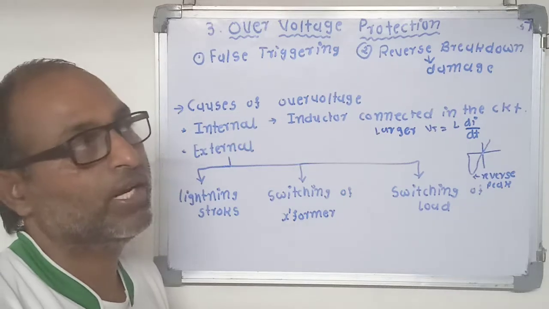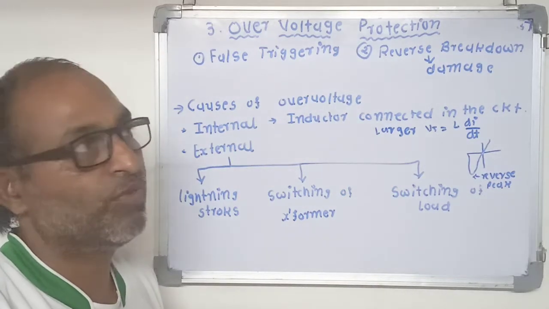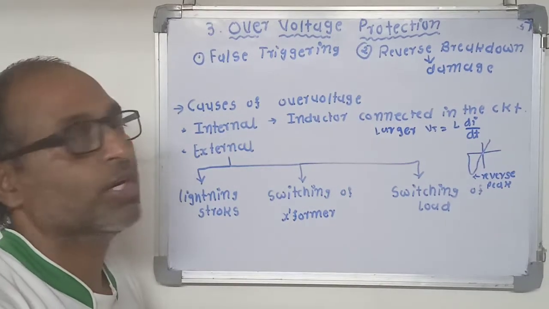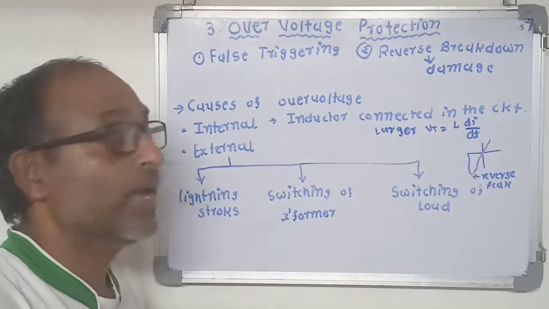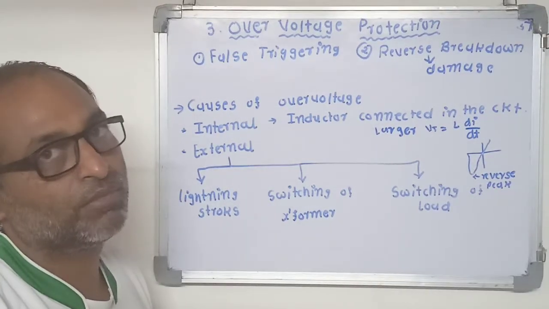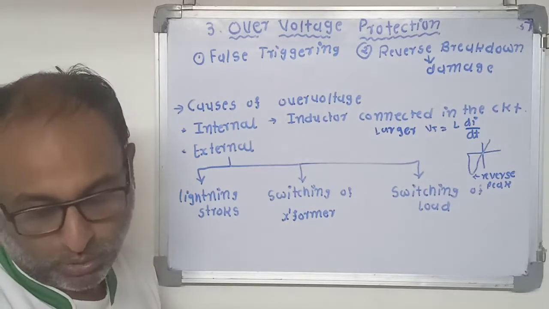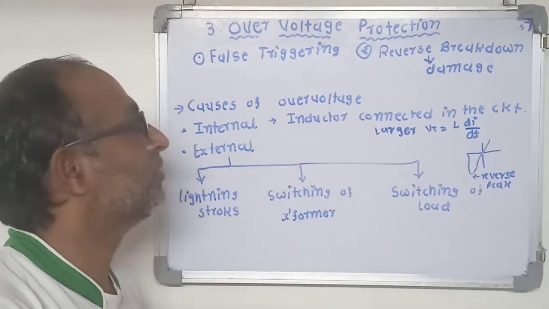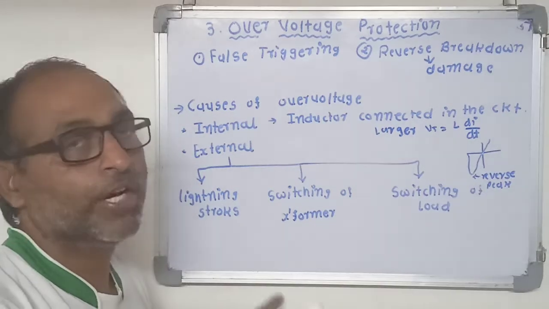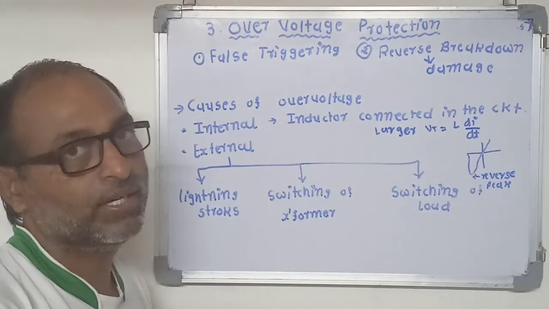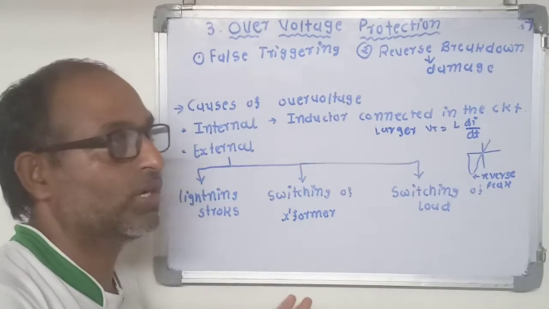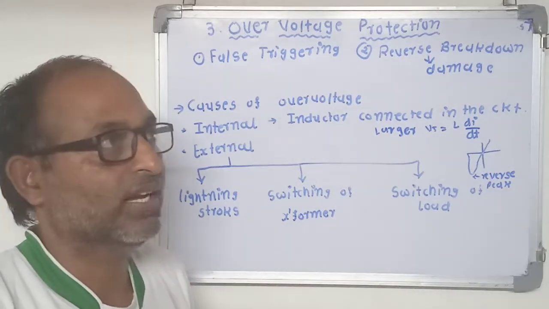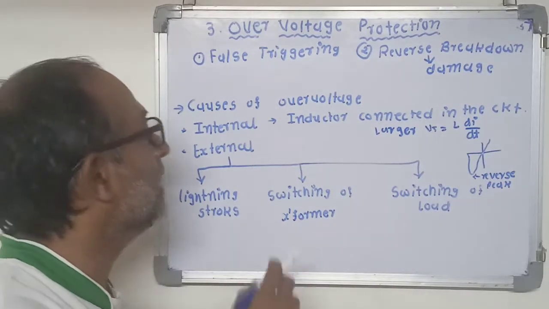There is a possibility to produce over voltage when a transformer supplies the thyristors. When the primary winding of the transformer is connected to or disconnected from the load, a high transient voltage is induced in the secondary winding of the transformer. This voltage is given to the SCR, so it may be damaged.